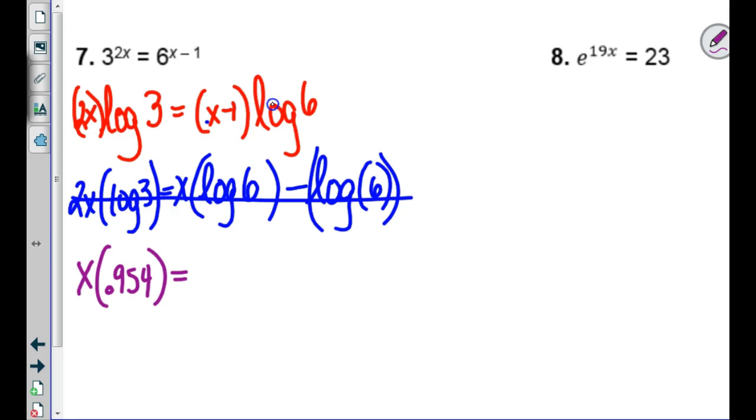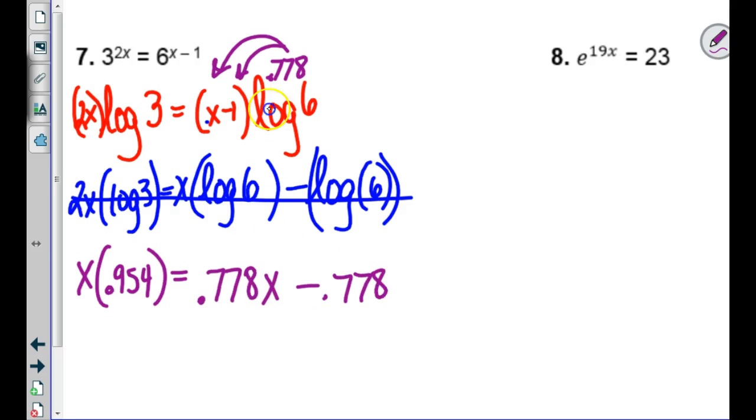Equals, over here, what is the log of 6? Give me 3 places. 0.778, and we need to distribute it in here. So we'd have 0.778x minus 0.778.